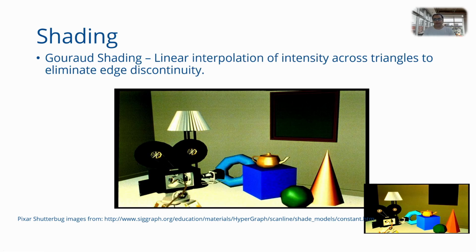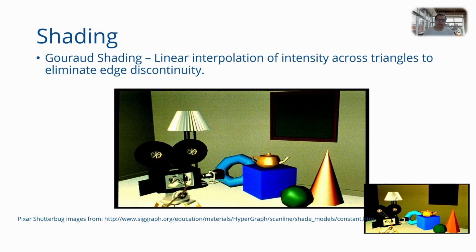But you can do still better. And what is that still better? Instead of computing color once per face, compute it at every vertex. So for that you need to have normals at the vertices. So what does it mean to have normals at the vertices?